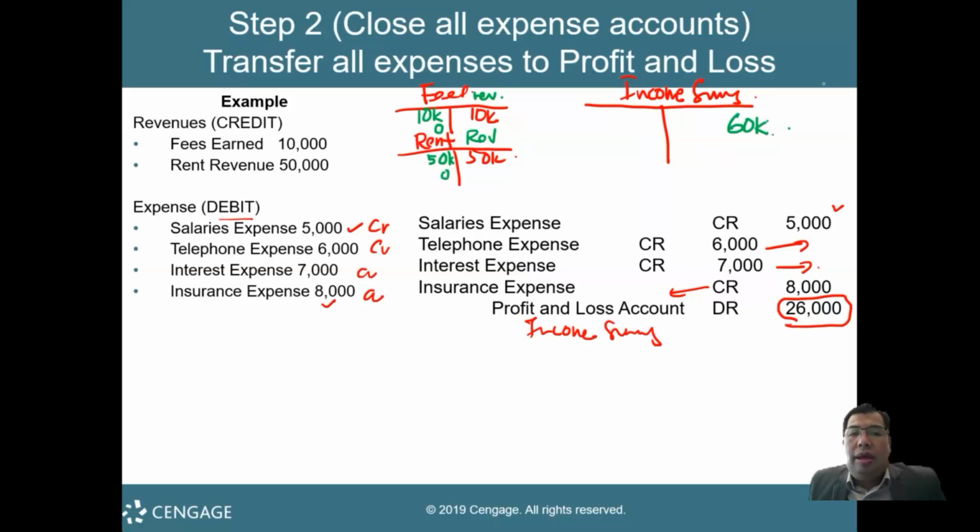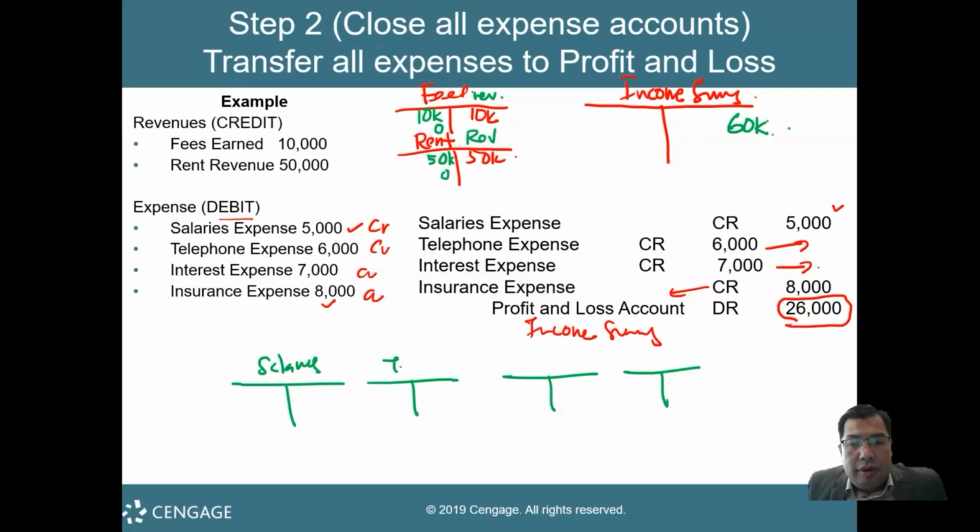Whereas for your salaries, telephone, interest, and insurance, you have balances of 5,000, 6,000, 7,000, and 8,000.